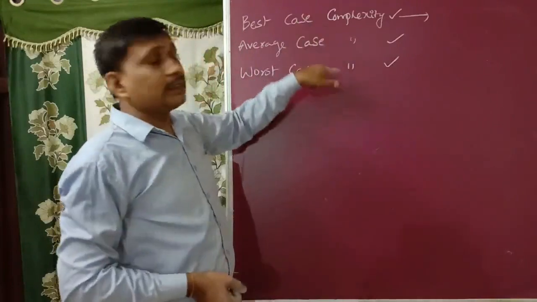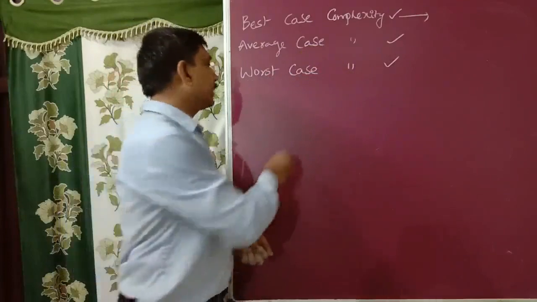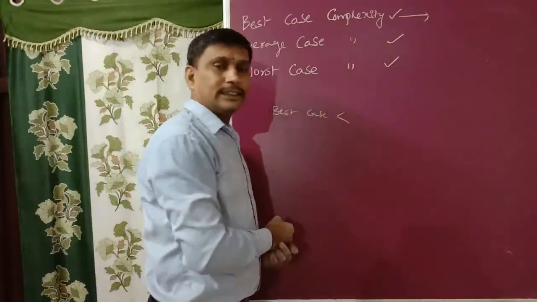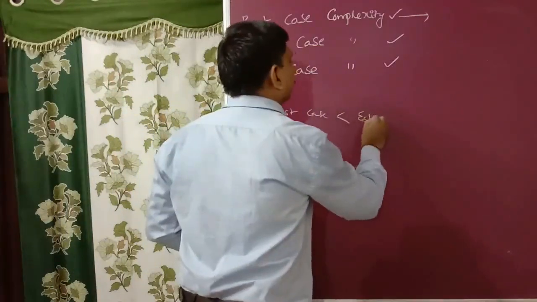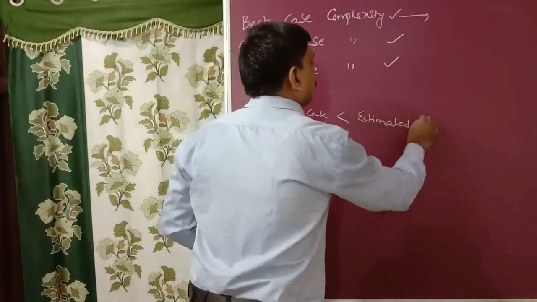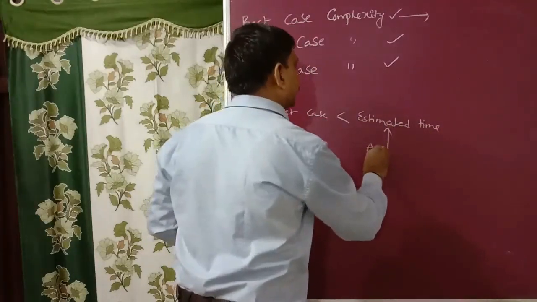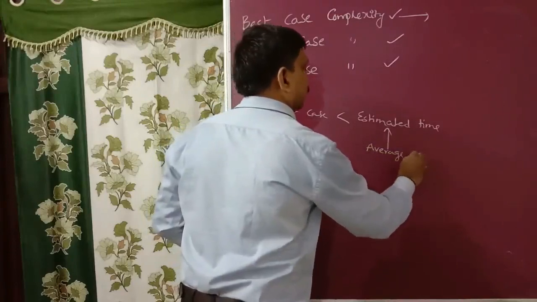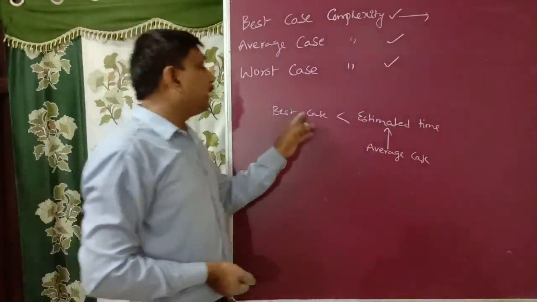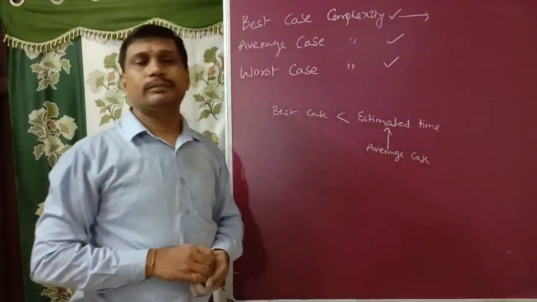Best case is always less than our estimated time, and this estimated time is the average case complexity time.